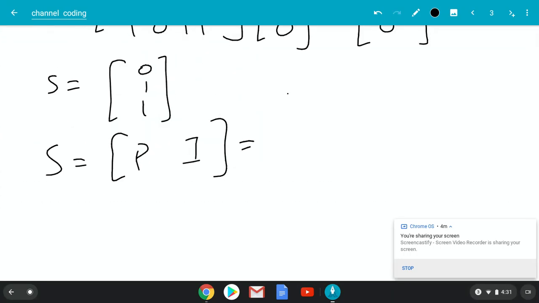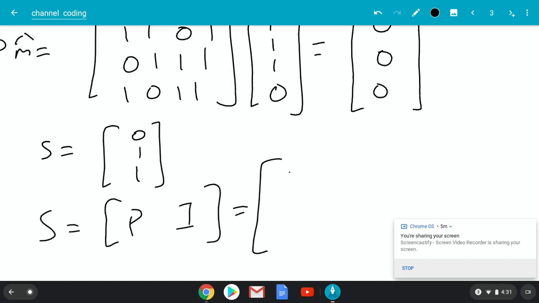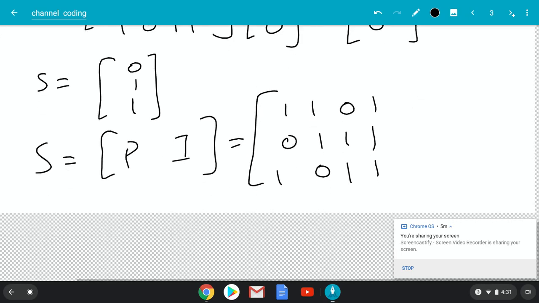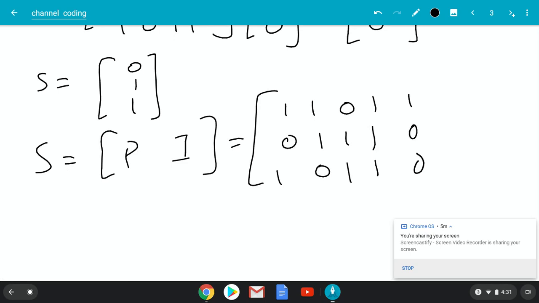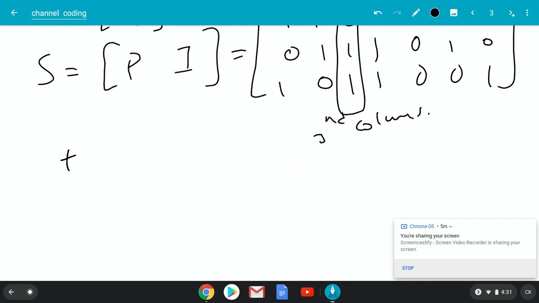So this should be equal to, let me write down P first: 1101, 0111, 1011, followed by the identity 100, 010, 001. Okay, so which column is 011? 011 is the third column. Okay, so that means the error is in the third bit.